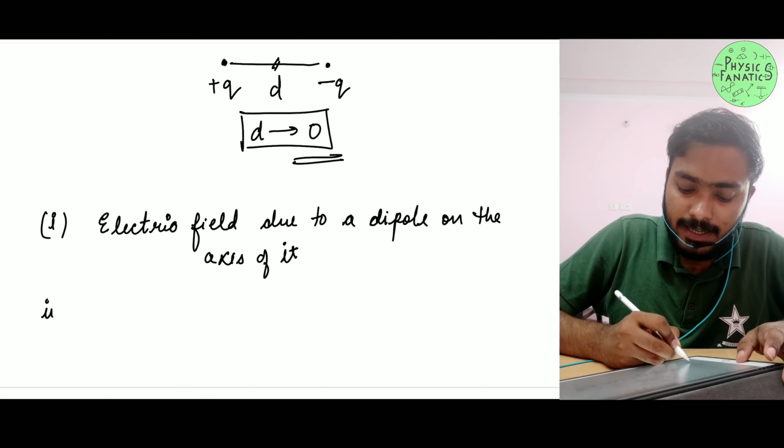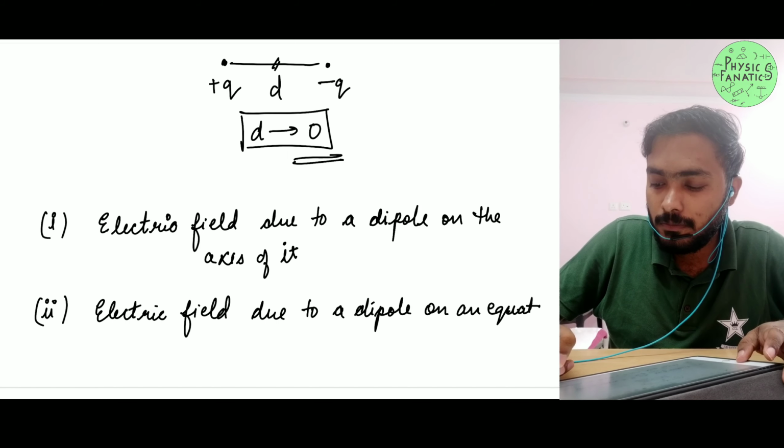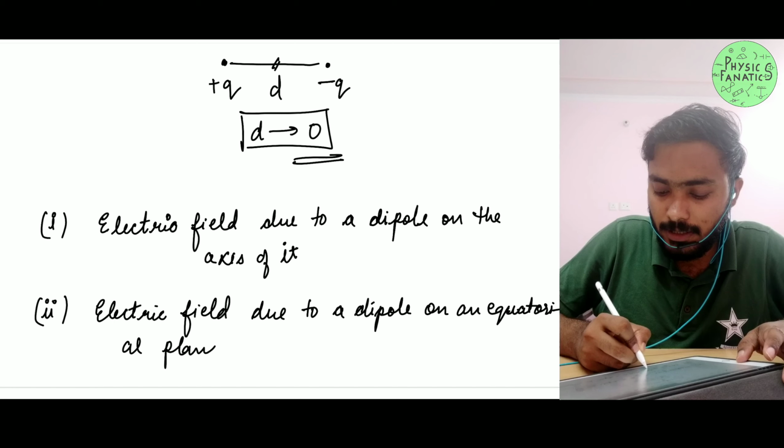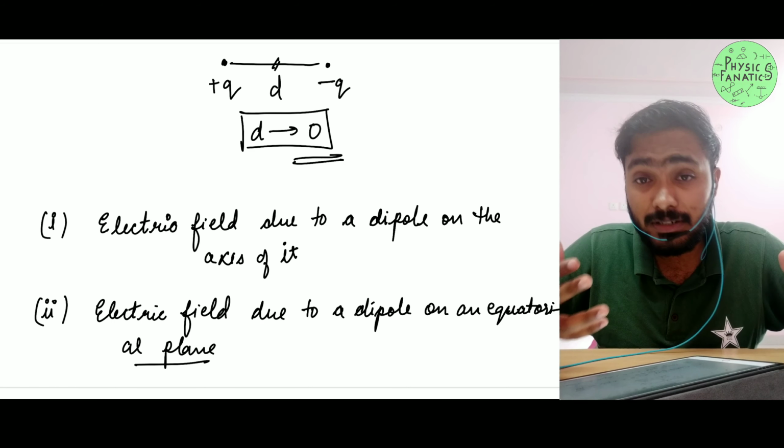The second case is electric field due to a dipole on an equatorial plane. So what is an equatorial plane? We are going to discuss it.